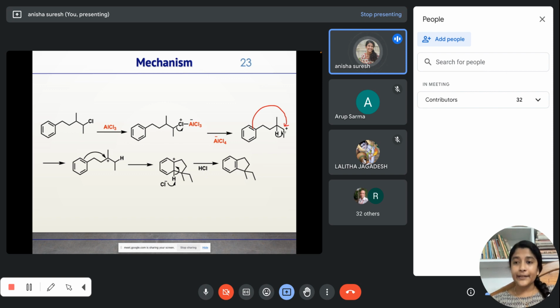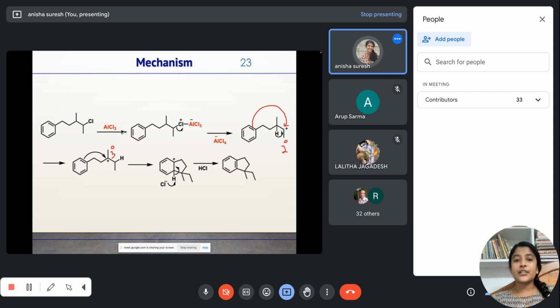But this is a secondary carbocation, and here it is having a possibility to generate a tertiary carbocation. So this proton will migrate to here and it will result in the formation of a tertiary carbocation here. Compared to secondary carbocation, tertiary carbocation will be more stable.